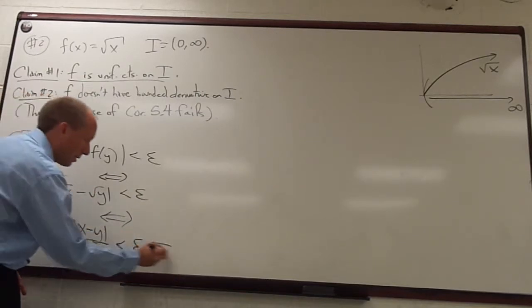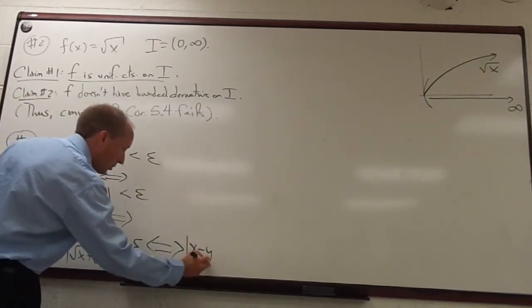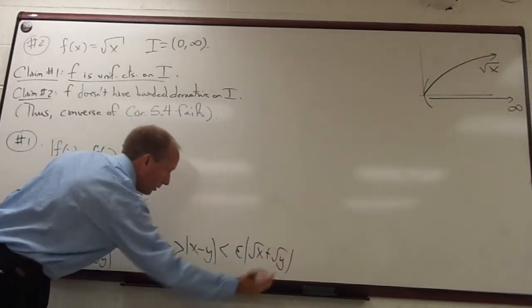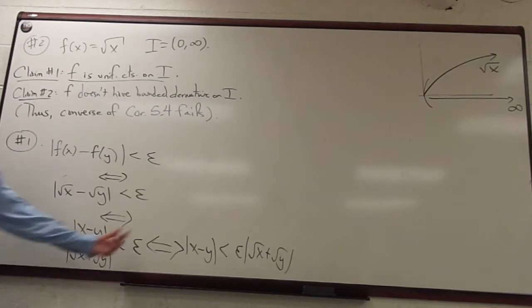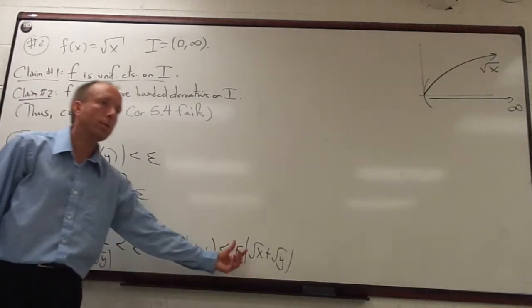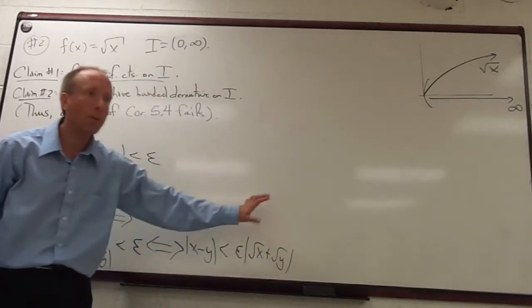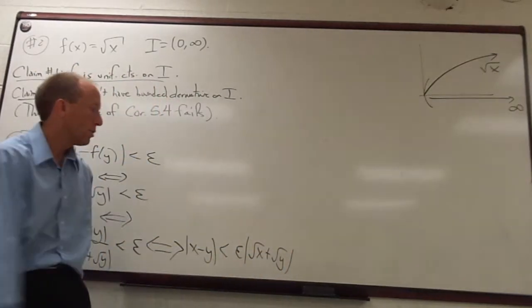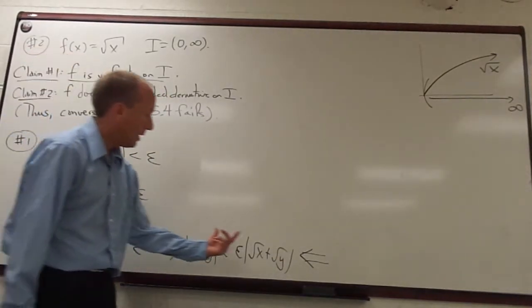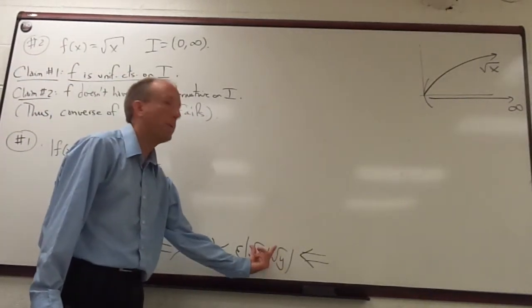Okay, so this is the normal way we would do this then, is we would just solve this for x minus y here. And we would get this, and we would say, well, I can't let delta equal that because it's not a constant. So what I need to do is make this bigger.